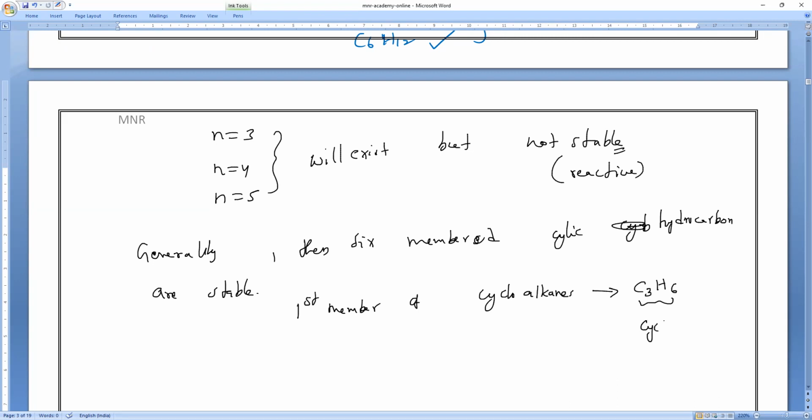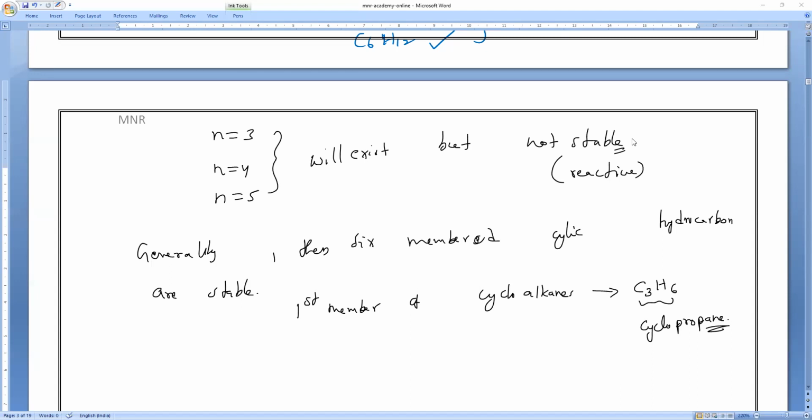So what is the name of this one? Cyclopropane. The first member is cyclopropane. But from which compound are they stable in nature? Cyclohexane, from n equals 6. So n equals 3, 4, 5 are unstable in nature.